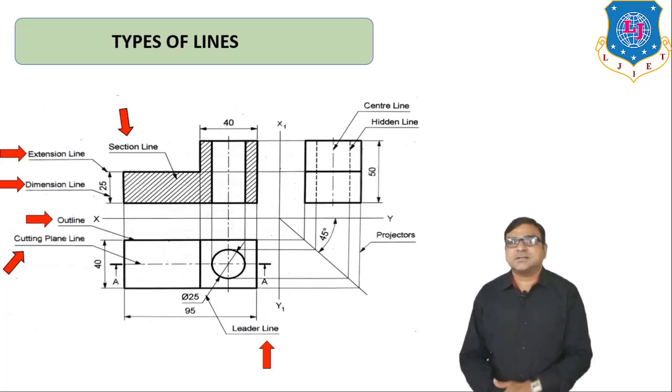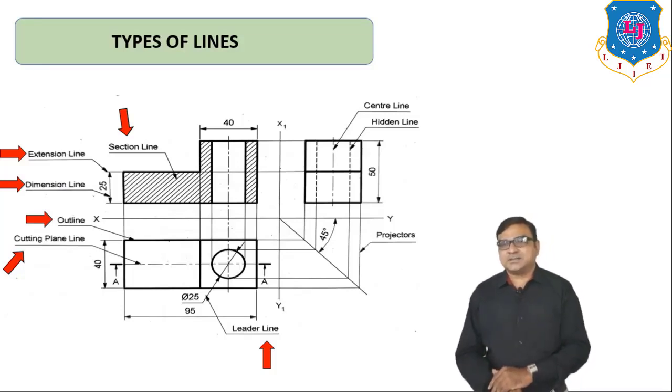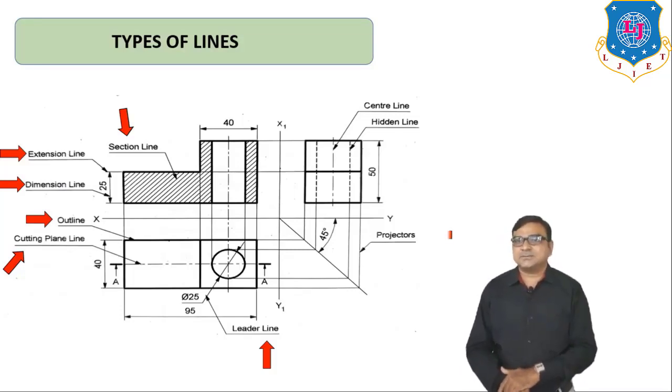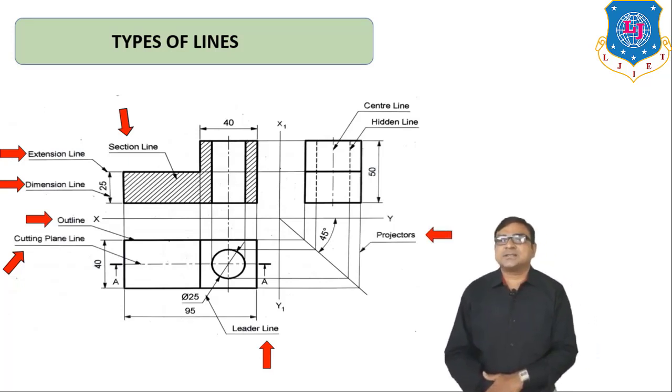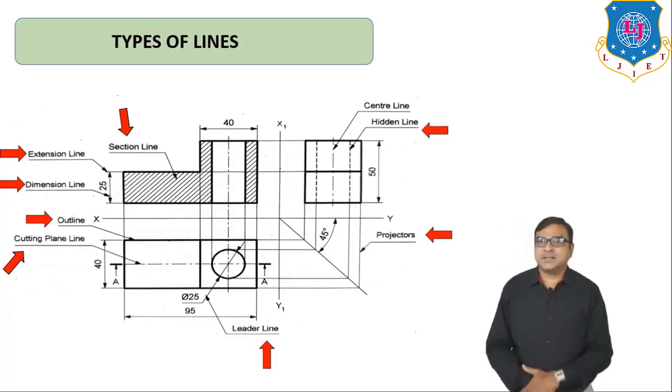Now ladder lines. If you want to represent the dimensions of a small circular hole, we have to extend that dimension line outside the drawing with this type of line, ladder lines. It is continuous thin. Then projectors or projection lines are always thin. Hidden lines.